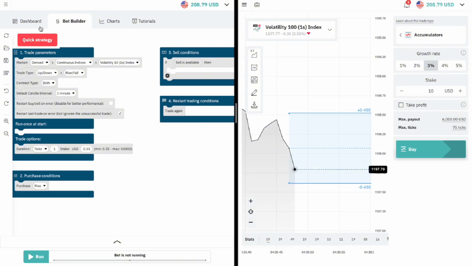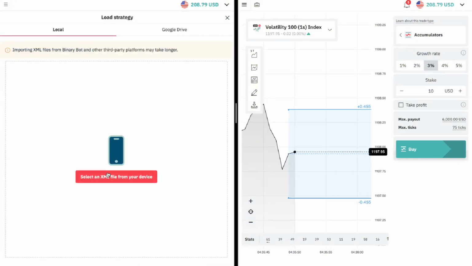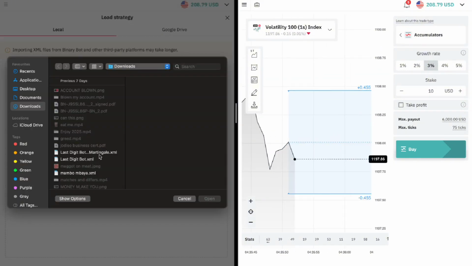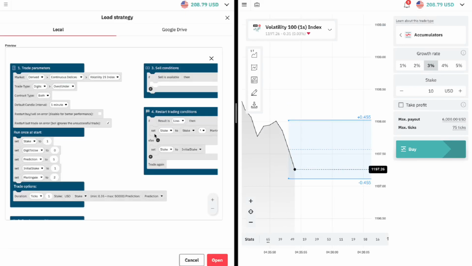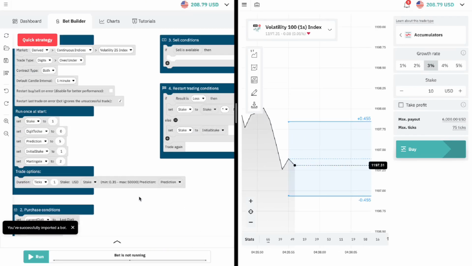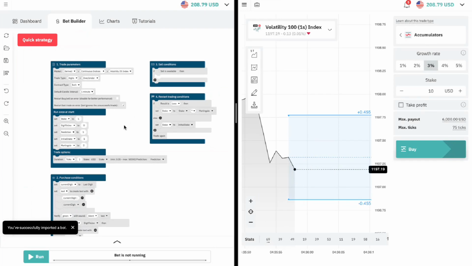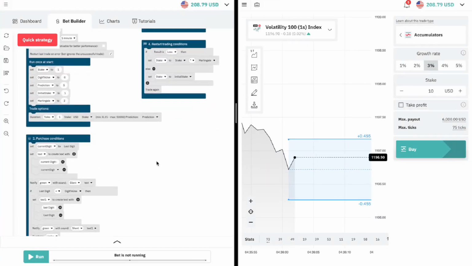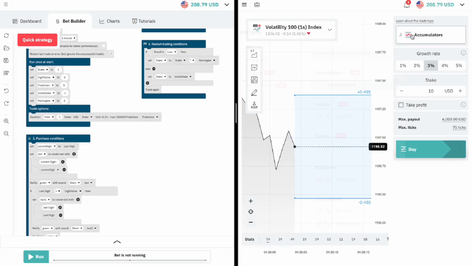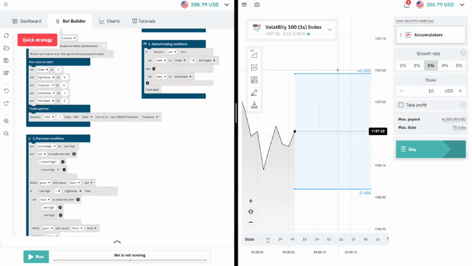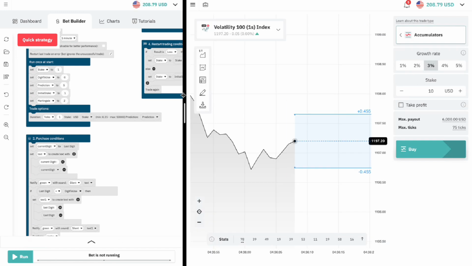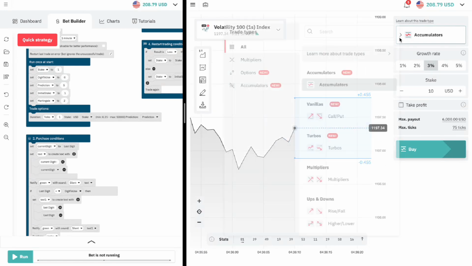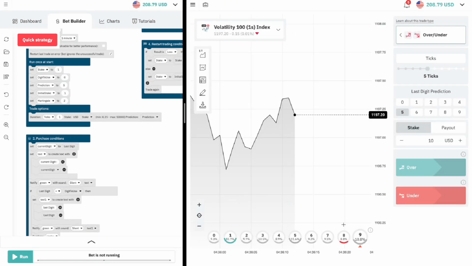I just wanted the default bot, and then I'm gonna import my last digit bot with martingale. Open. So this is the last digit bot, but we just added martingale to it. On this right hand side, because it's on accumulators and you're not gonna trade accumulators, let's go to over under.